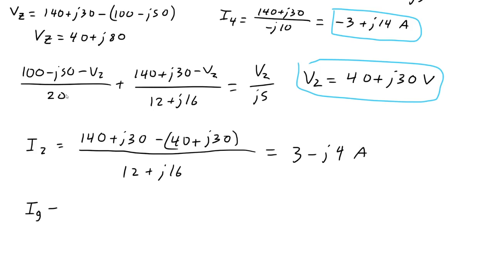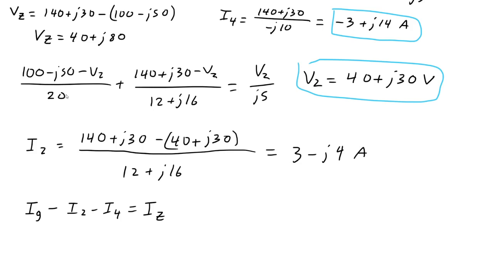Now use our first KCL, we'll just solve for IZ, so IG minus I2 minus I4 is going to equal IZ. So that is 30 plus 20J minus 3.4.